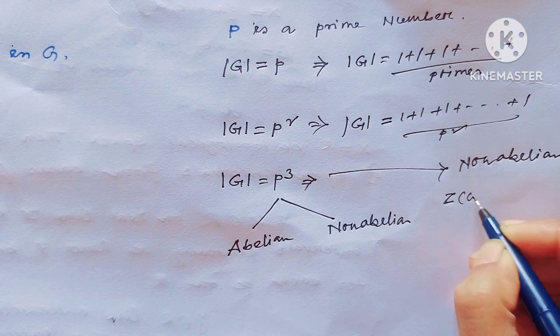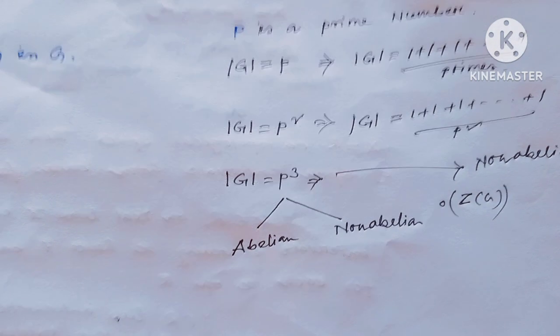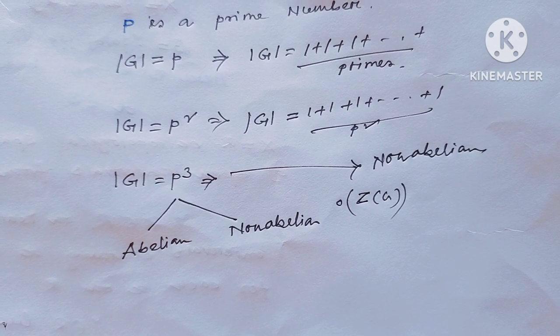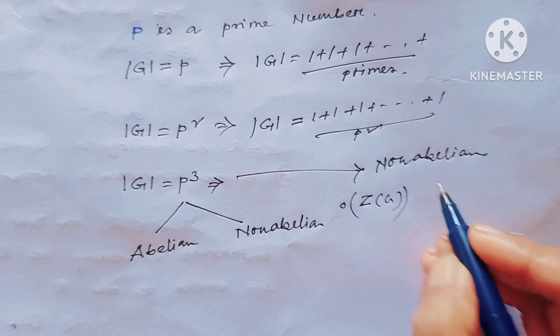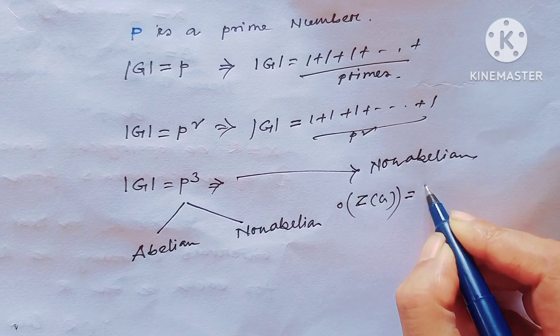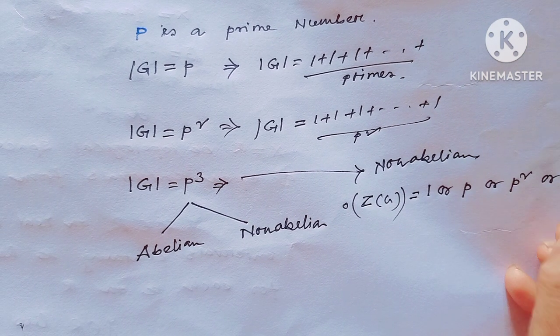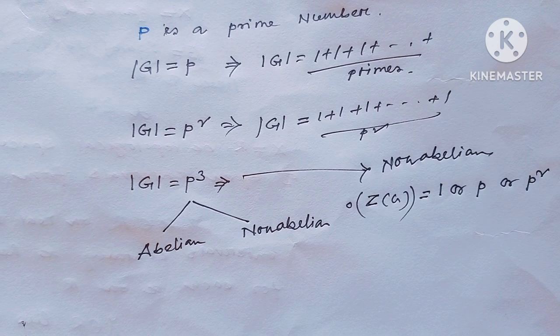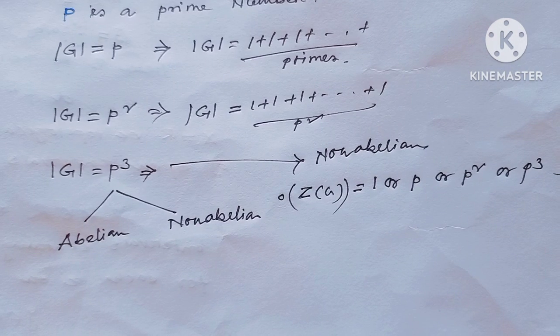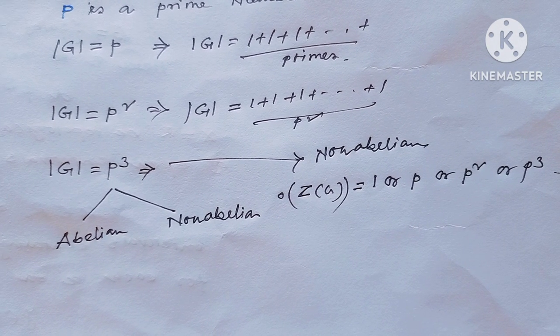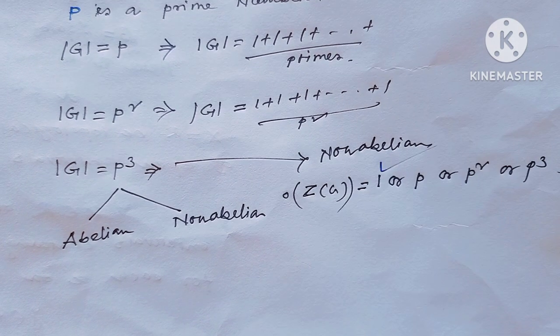Since the order of Z(G) always divides the order of G, the possibilities for the order of Z(G) are either 1, P, P squared, or P cubed. Notice here the order of Z(G) equal to 1 is not possible.